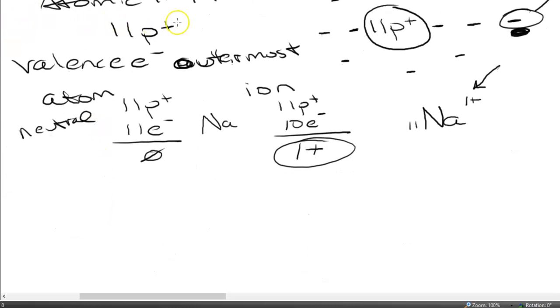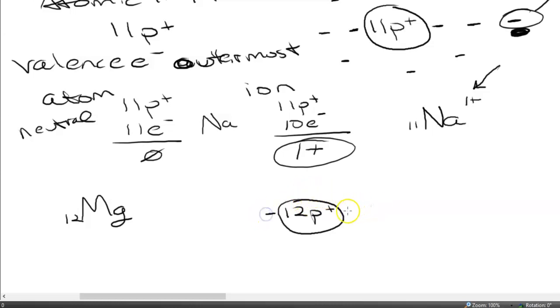So we'll do a couple more. Let's do magnesium. Magnesium is atomic number 12, so I'll put that down there. If I were to draw magnesium, it would have 12 protons in the nucleus. We're not worried about neutrons right now. If it's got 12 protons as an atom, it's going to have 12 electrons.